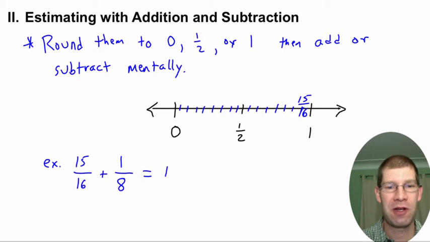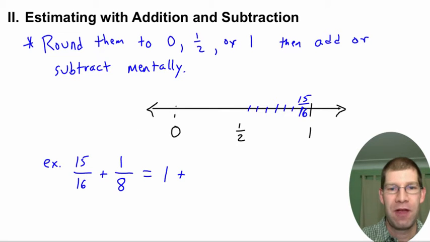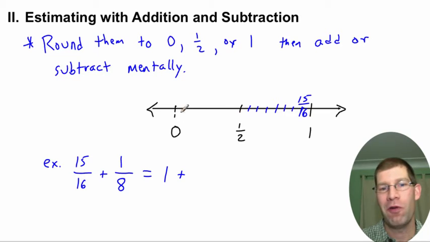So we're going to round this thing to a 1 then. And if we want to add 1/8 to that, 1/8 is going to be down on this end, right about there. In the middle you'd have 4/8.